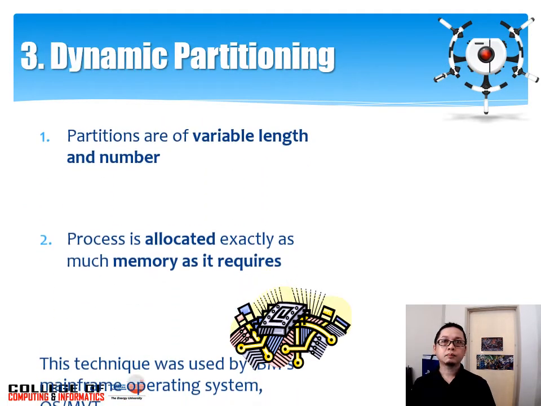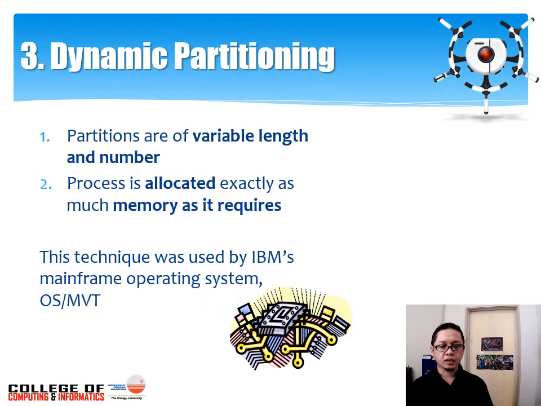So then we come to the concept of dynamic partitioning. In dynamic partitioning, partitions are of variable length and number. They are given according to the incoming processes by the operating system. So let's say the first process needs only 4 megabytes, then only that slot of partition memory will be given to the process to use.